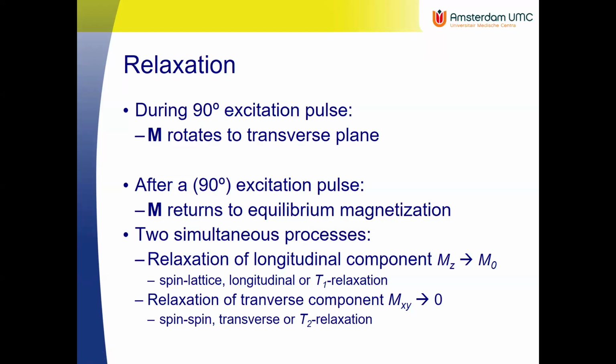There is the relaxation of the longitudinal component, so MZ goes back to M0. If I rotate that arrow, my longitudinal component is 0 and it goes back to the equilibrium state. Then the transverse component, MXY, goes back to 0, and that is called spin-spin, transverse, or T2 relaxation. The longitudinal component's relaxation is also called spin-lattice, longitudinal, or T1 relaxation.